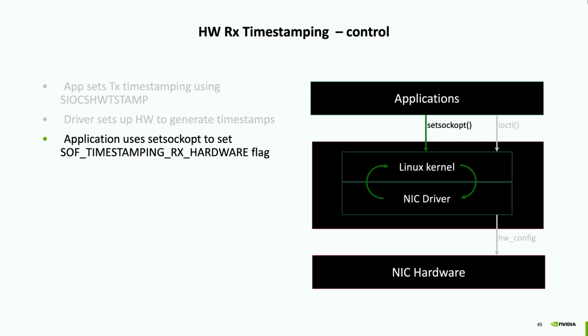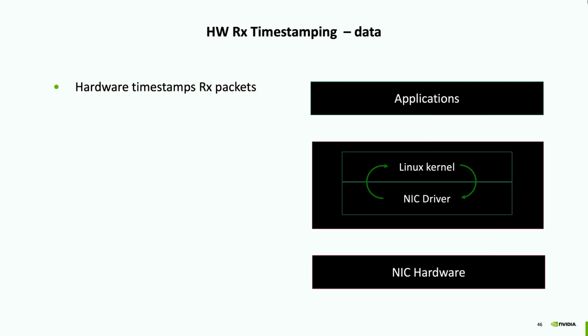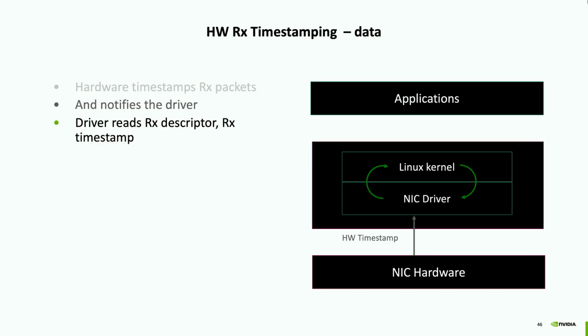Then the application will set socket options to enable receiving hardware timestamps along with the messages. And the hardware, as a result, will generate timestamps for the relevant packets, for most cases all the packets that come into the given queue. It will notify the driver that the packet came in along with the timestamp.